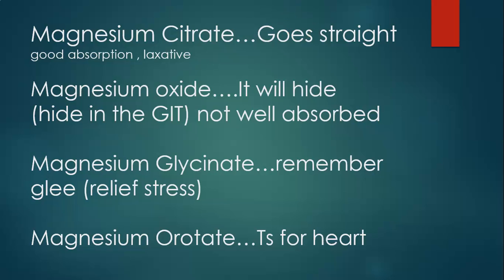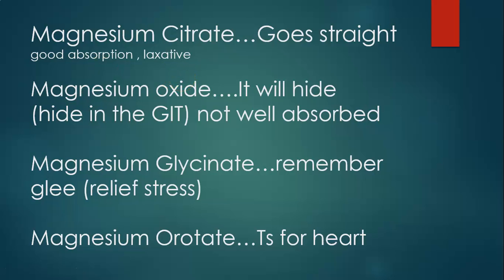Let's start with magnesium straight. It goes straight. That means it's good in absorption and also it has a laxative effect. So the magnesium straight goes straight into the muscle. Back again to magnesium oxide, it will hide. What does that mean?